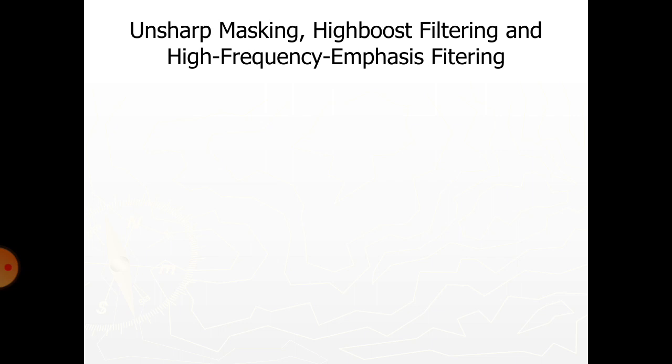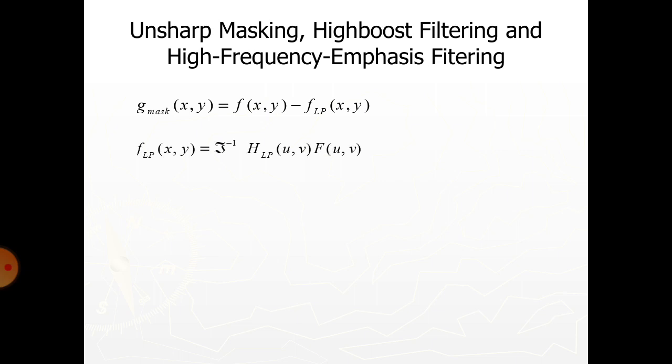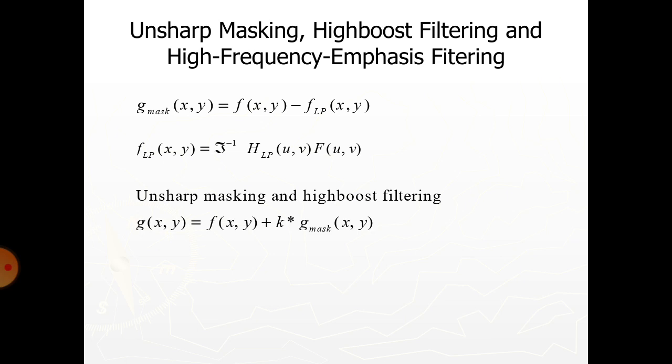Now unsharp masking, highboost filtering and high frequency emphasis filtering. Using frequency domain methods, the mask is defined as g_mask(x,y) = f(x,y) - f_LP(x,y), with f_LP(x,y) equal to the inverse transform of H_LP(u,v)F(u,v). Here H_LP(u,v) is the low pass filter and F(u,v) is the Fourier transform of f(x,y).